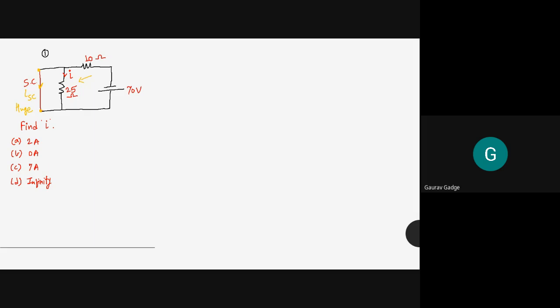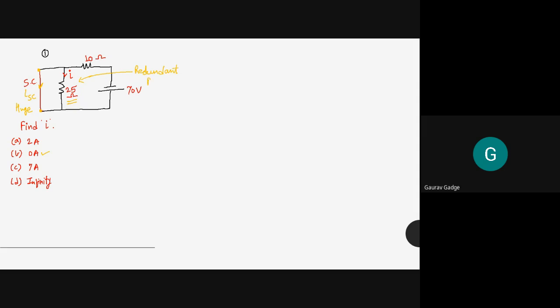Whatever current is developed by this voltage source gets diverted towards this path, and hence the current through this 25 ohms branch is 0 ampere. So we say this 25 ohms branch is a redundant branch.